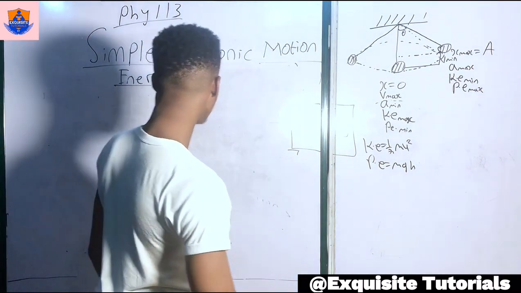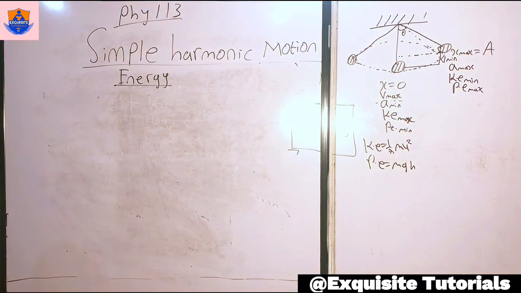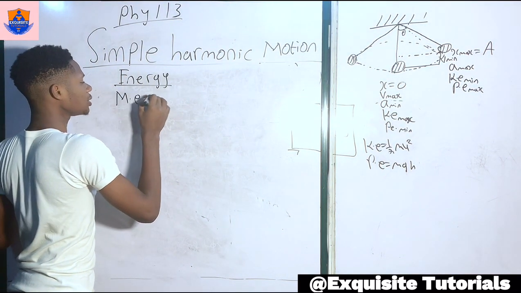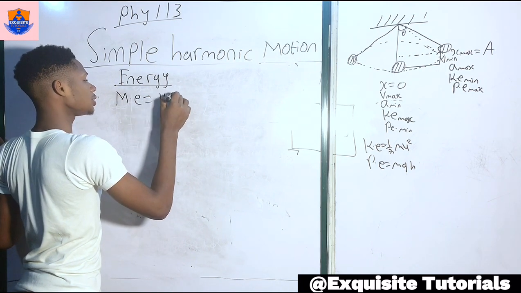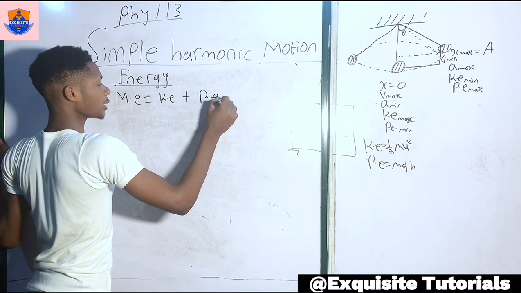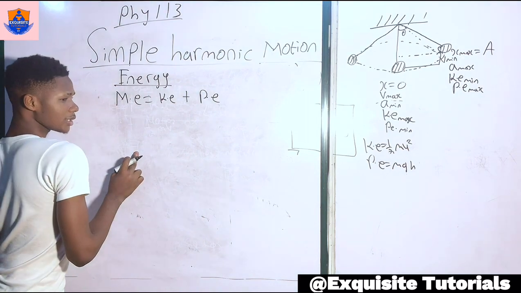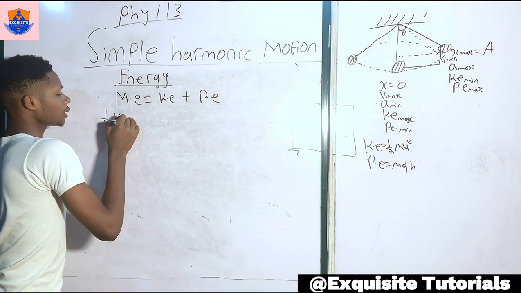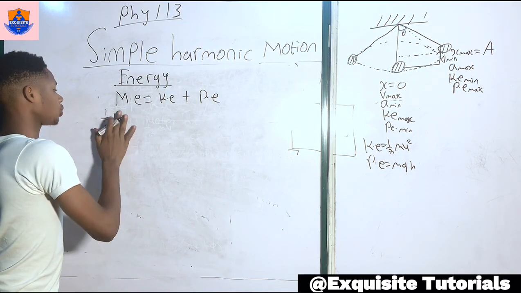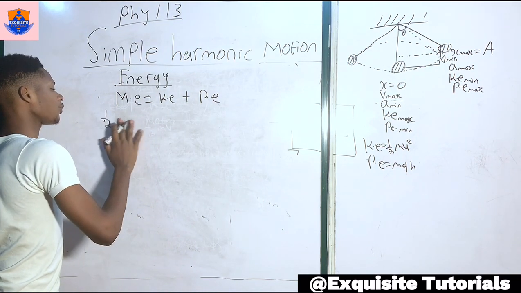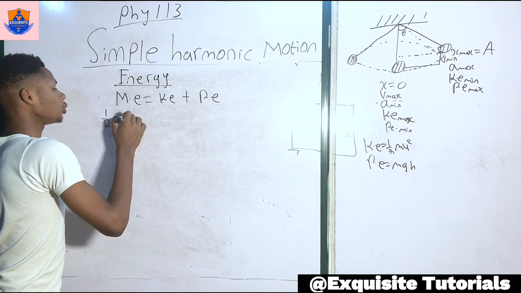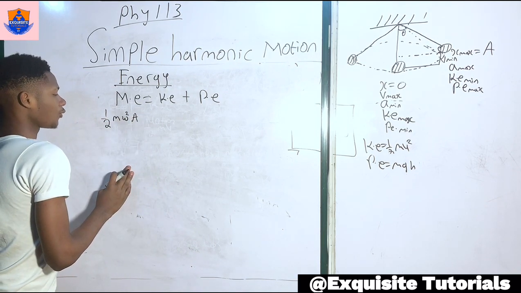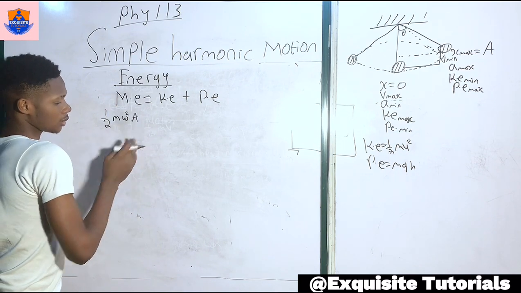Now, for a body in simple harmonic motion, how do we know the velocity? We just proved that mechanical energy is equal to kinetic energy plus potential energy. Mechanical energy's formula was proven as 1 over 2 m omega squared a squared, or 1 over 2 k a squared.